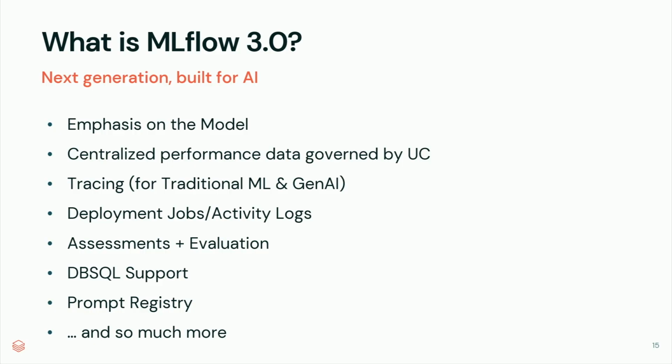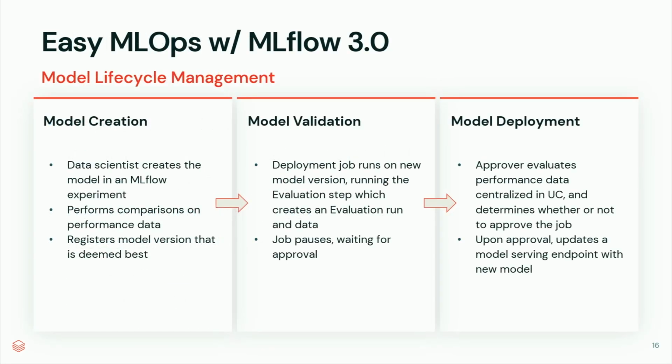So that's MLflow 3. How does it work with MLOps? How does it improve MLOps before we go into the LLM side of things? For MLOps, we make it very easy to go through one of the most standard flows. Let's say for this model lifecycle management, we have your model creation. The data scientist creates the model and performs some comparisons.